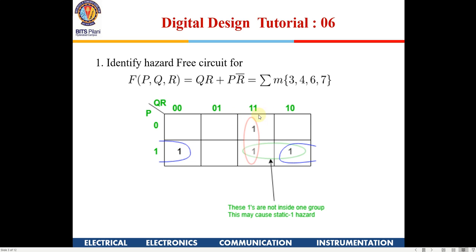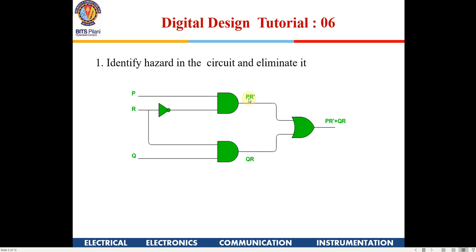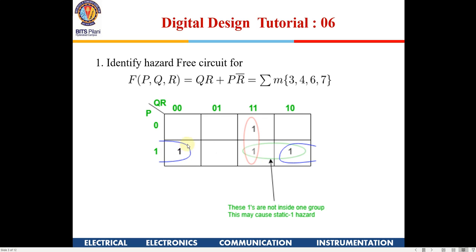So here in the original expression you had P R dash and Q R. So we have to make the groupings accordingly first and see what the problem is. This red line which is shown is QR, and the blue box which is shown here is PR dash, right?